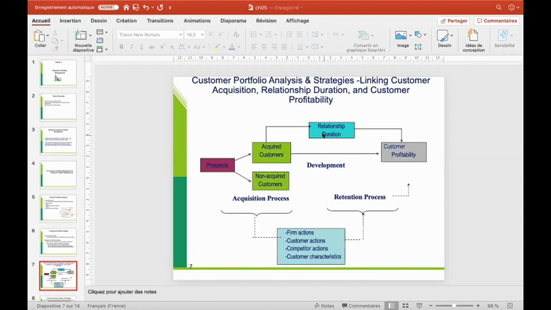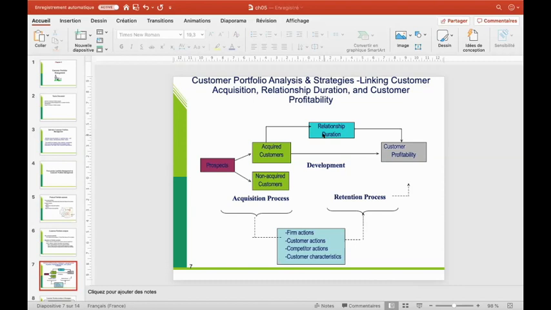So now once they are in your portfolio, you have to do firm actions, marketing actions, customer actions individually to develop them. You have to counteract competitor actions, and you have to act differently according to customer characteristics.